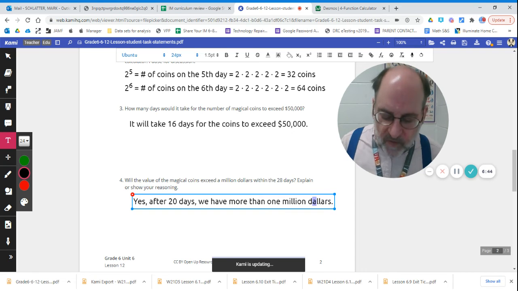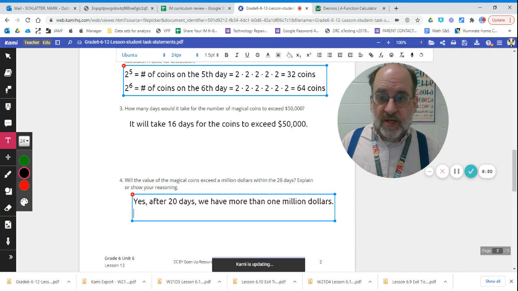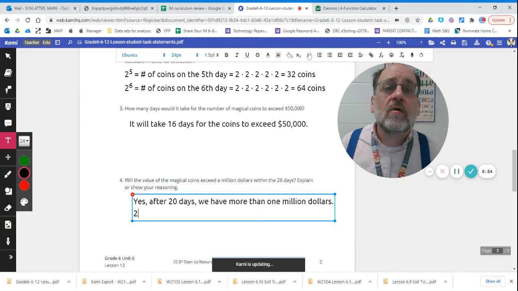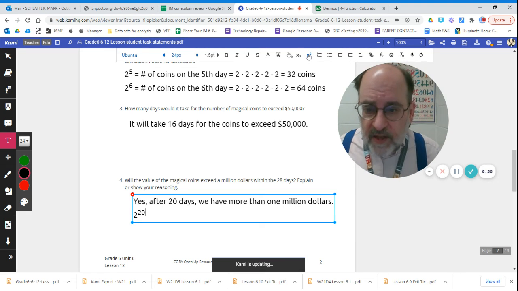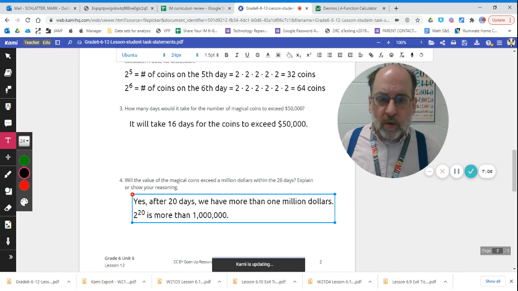And let's just focus in on what we're saying here. If I write that using the notation that we had up here, we're saying 2 to the 20th power is more than 1 million. Cool.